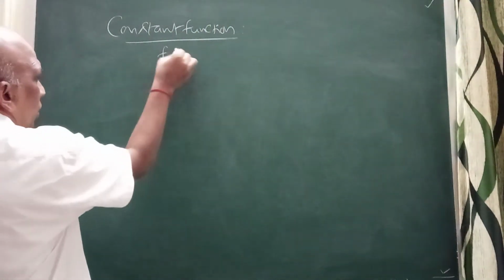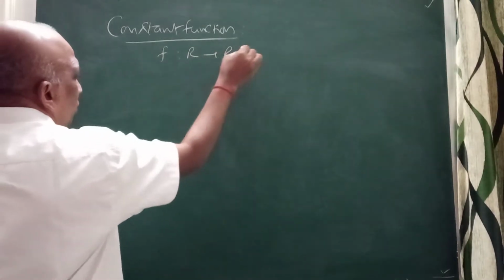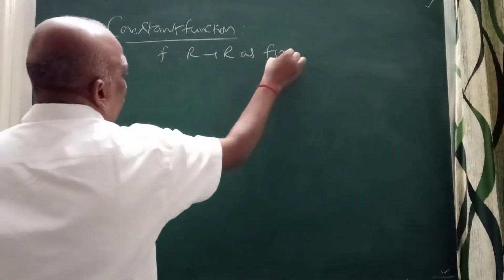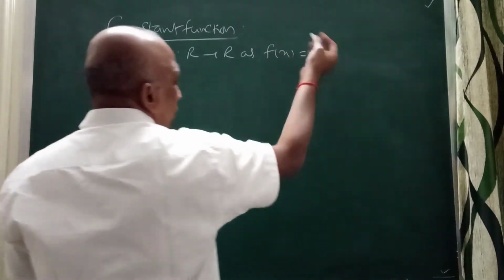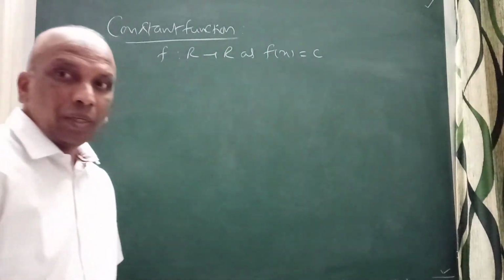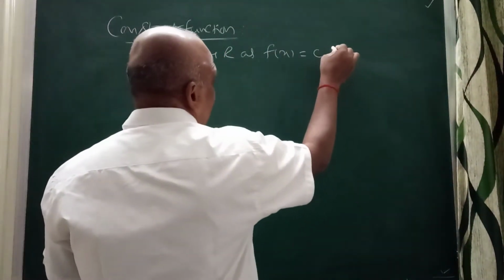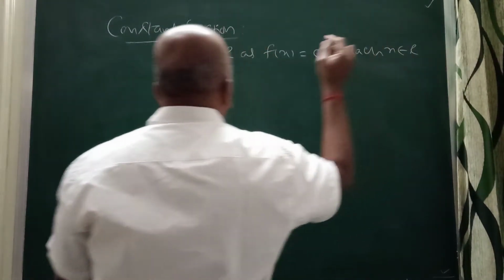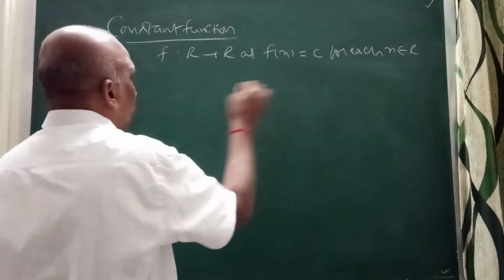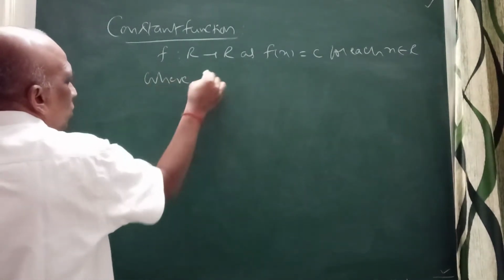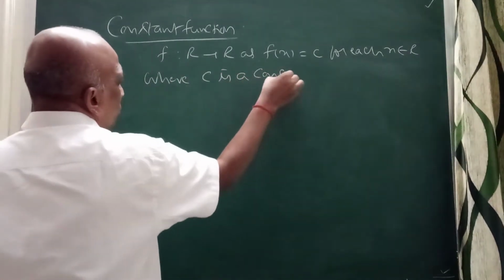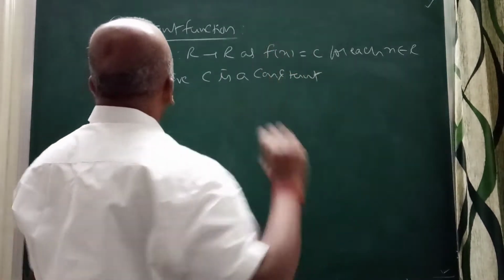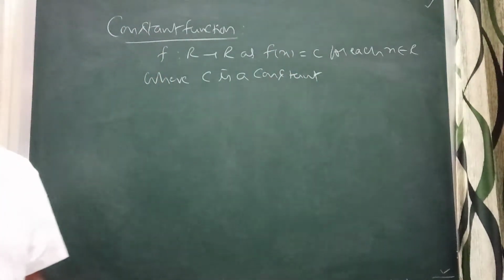Define the function f from R to R as f of x is equal to c for each x belongs to R, where c is a constant. This is called a constant function.